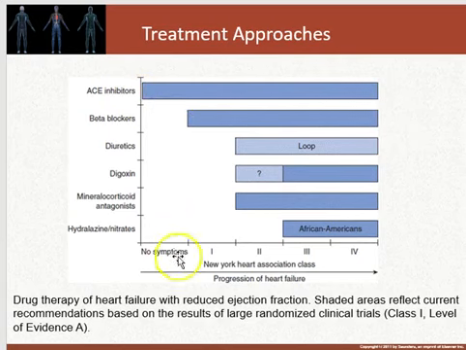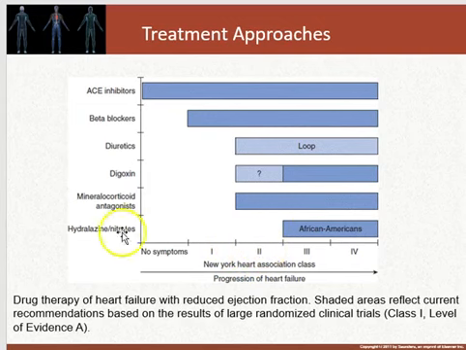So ACE inhibitors are used throughout the progression of heart failure. Beta blockers may be delayed a little bit in terms of when they're initiated. Both loop diuretics and mineralocorticoid antagonists, or aldosterone antagonists, would be initiated as patients progress from stage 1 to stage 2 or class 1 to class 2.